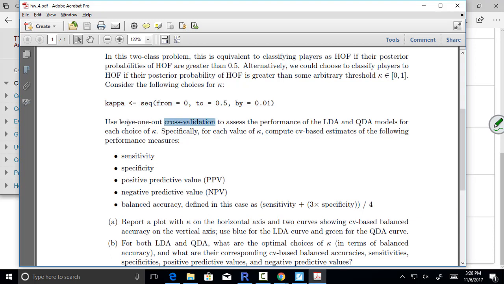This is new for us, cross-validation. I'll get to that Wednesday, I think. This is a trick for getting valid estimates of these error rates. I talked last time about the overfitting problem with classification or prediction.